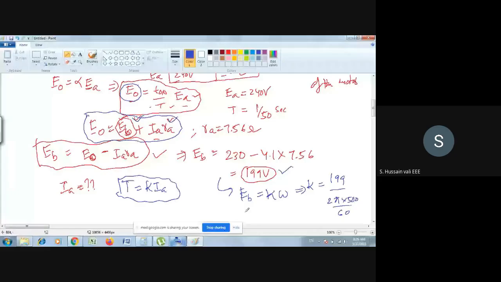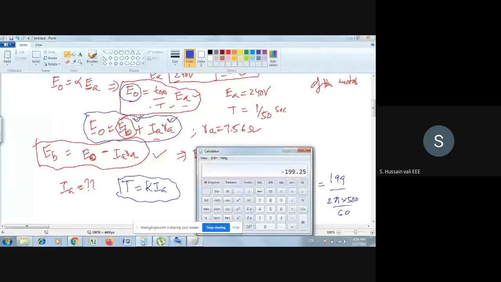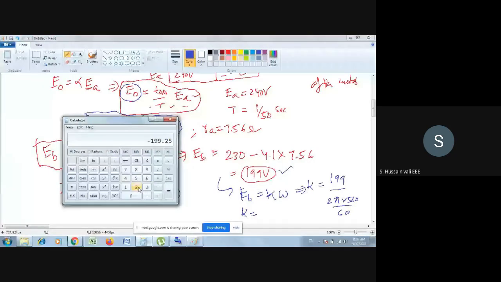We get the K value as 3.8. So we write here 3.8. So we got K from this equation.